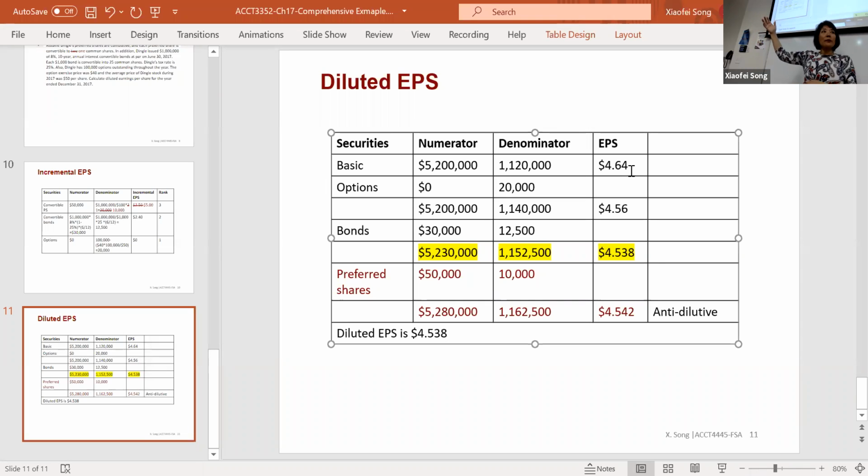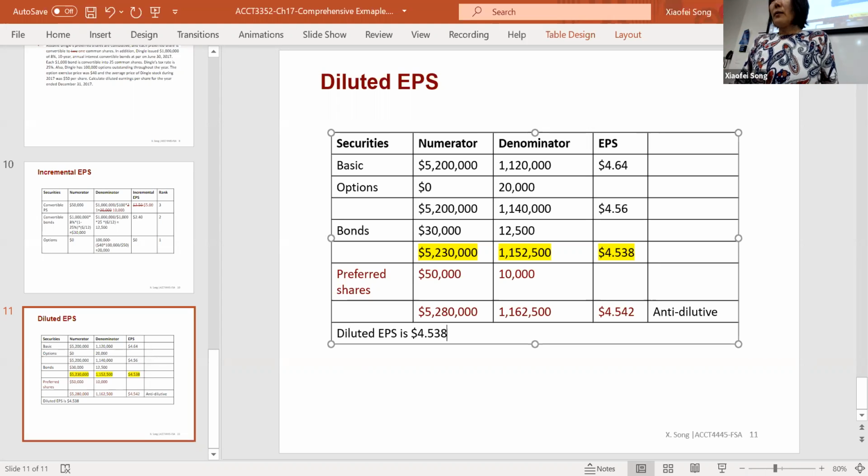So whether it's dilutive or not will not depend on whether it's more or less than basic earning per share, but on the already diluted earning per share. So that's why this process is foolproof. When the situation is not so obvious, you will be sure you get the right solution. Any questions? This is pretty exhaustive, comprehensive. We cover all the issues we need to know about this in this chapter.